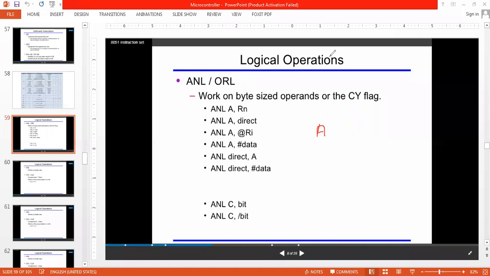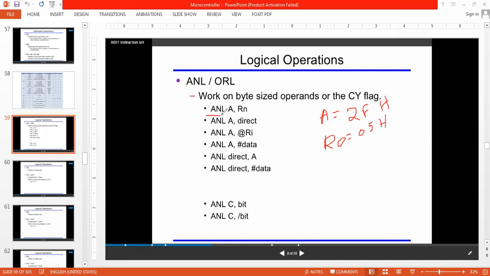Let us take one example. Consider A is having 2FH and R0 is having 05H.